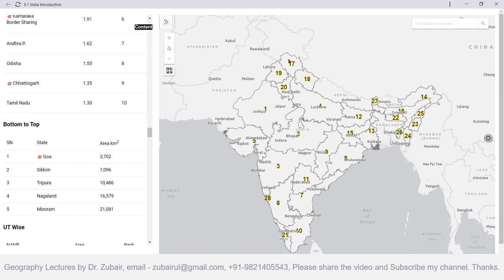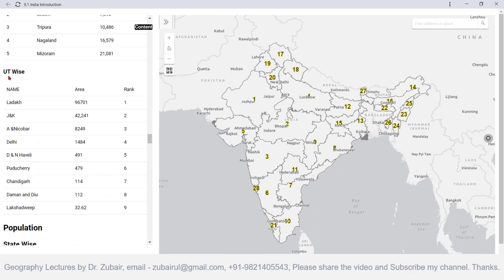Similarly, another group in the middle part is the smallest, like Himachal Pradesh, then Uttarakhand, then Punjab, and at 20th position is Haryana. If you see the Union Territories, the largest Union Territory is Ladakh, then Jammu and Kashmir, then Andaman Nicobar, then Delhi, and the smallest is Lakshadweep.